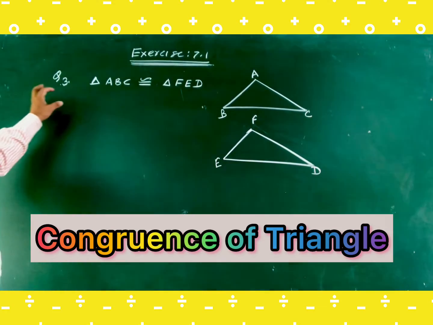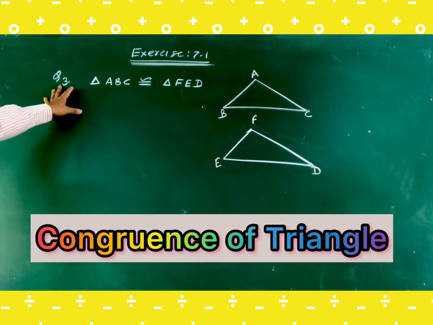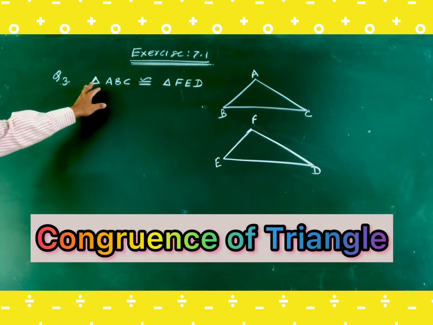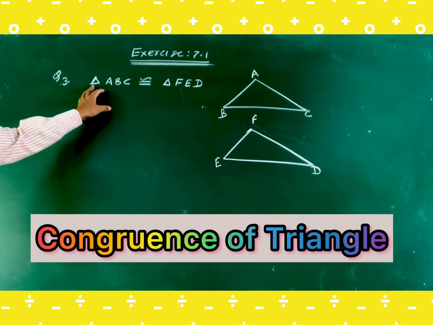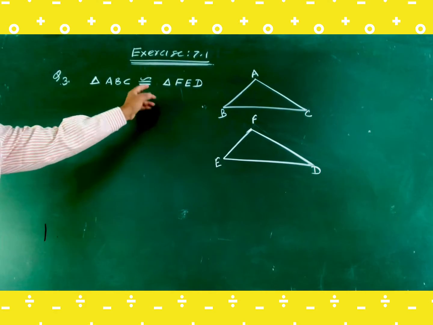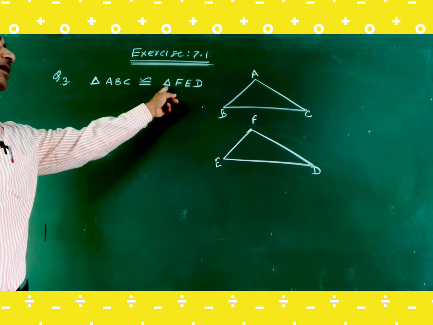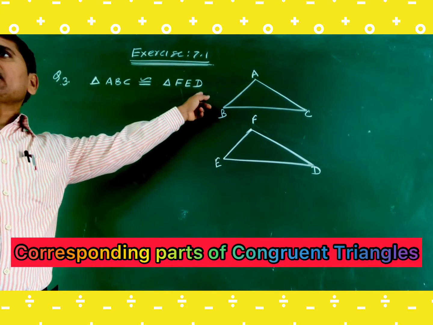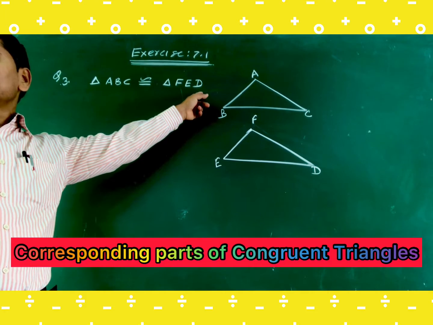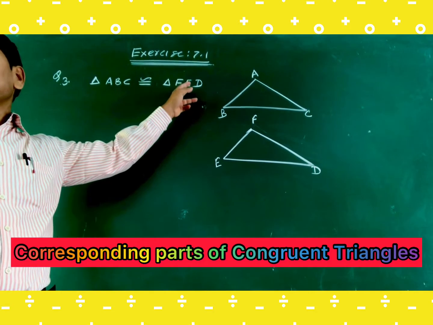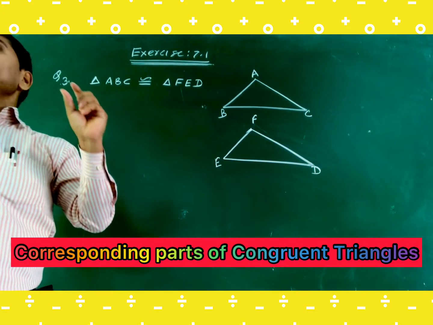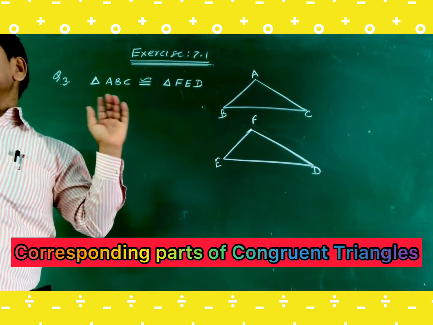In this question number 3, that's in exercise 7.1, it is given that triangle ABC is congruent to triangle FED. Write all corresponding parts of these two triangles. First, we will write the corresponding sides.